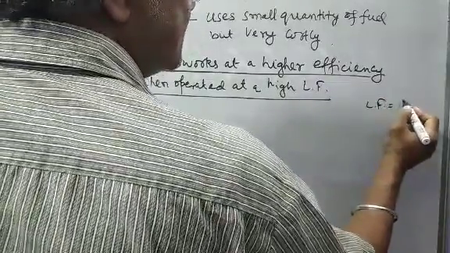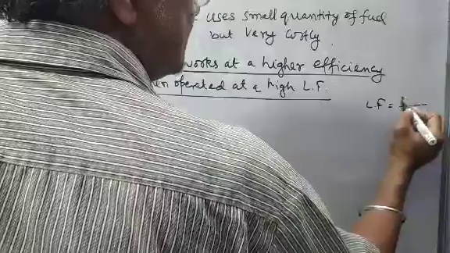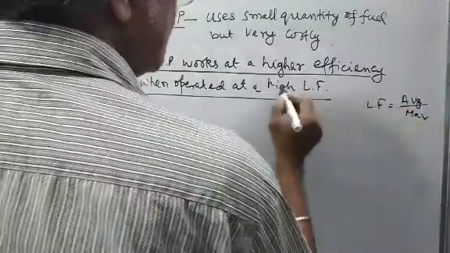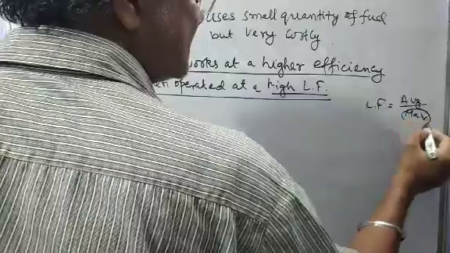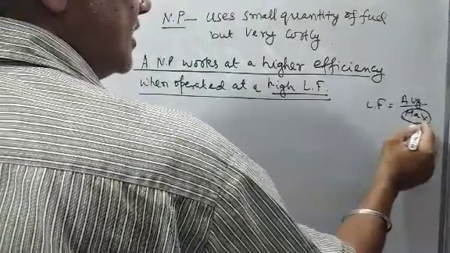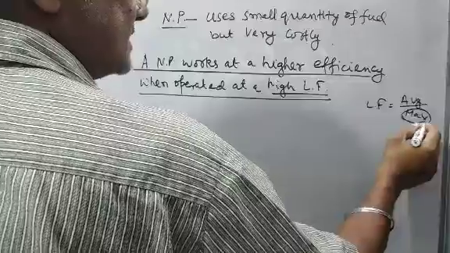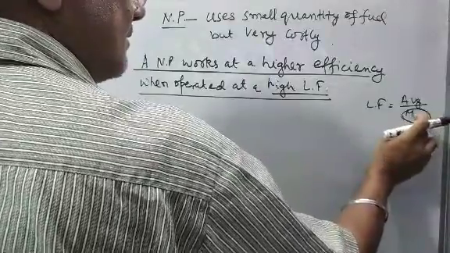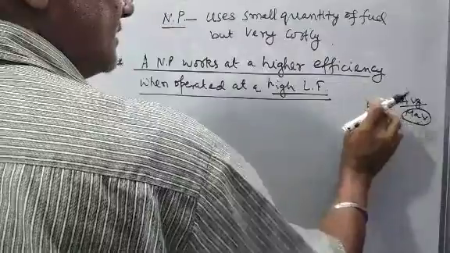Load factor is average by maximum. So when the load factor is high, the maximum is less, that means at a lesser amount of peak load, the load factor becomes high.